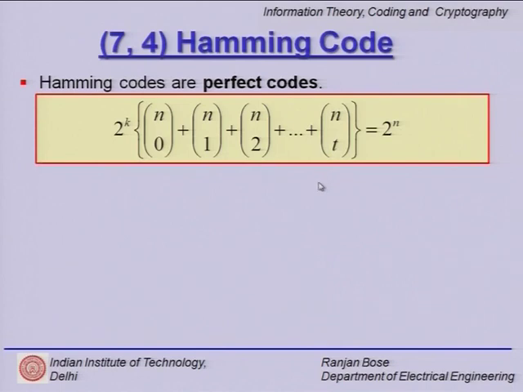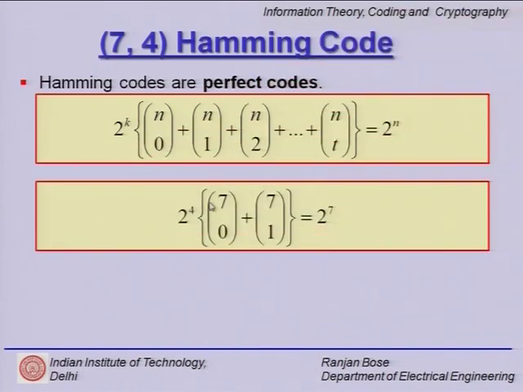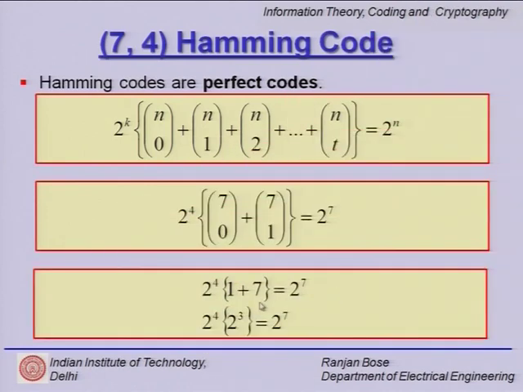In our Hamming code case we know the 7,4 code, n is 7, k is 4, t is 1. So, we only take the first 2 terms in the summation and substitute them. We quickly can verify that indeed this equality holds, and the 7,4 Hamming code is a perfect code.